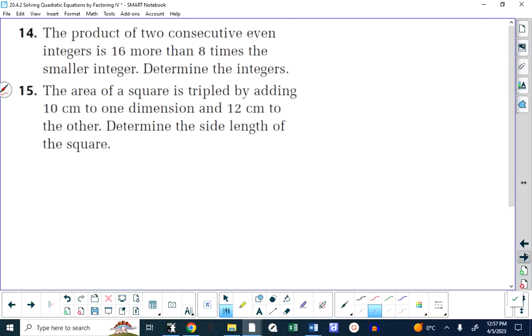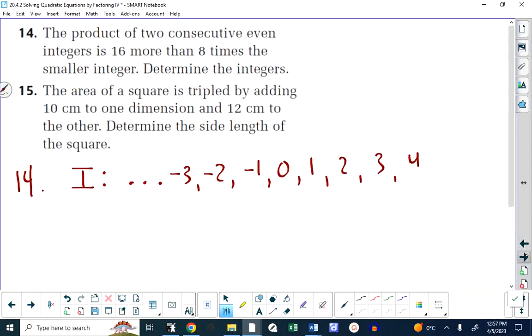Let's take a look at number 14, the product of two consecutive even integers. Okay. Integers are the following numbers. Right?